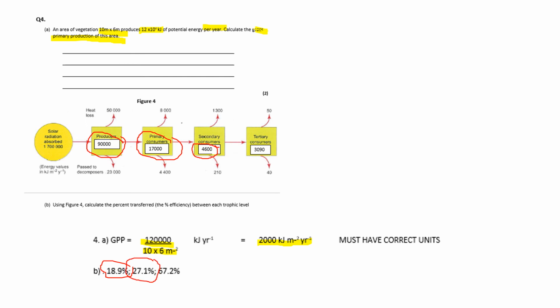And then tertiary consumer, so when the secondary consumer is fed upon by the tertiary consumer, the energy efficiency that you will see here will be 3,090 divided by 4,600, and that should give you a figure of 67.2%. So the efficiency of energy transfer is increasing as you move through the food chain.